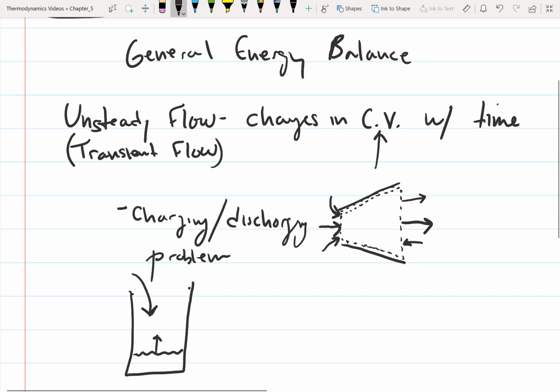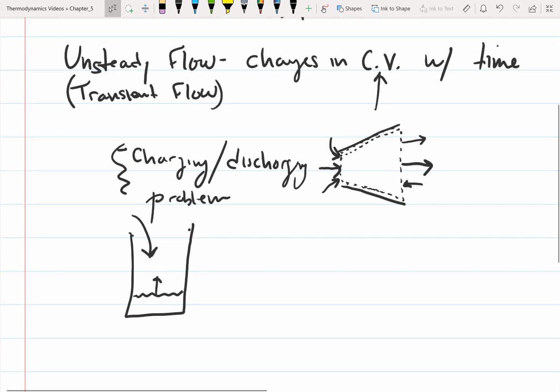And the other type of problem, so these are the problems we're mainly going to be looking at, but the other type of problem you can solve with this unsteady flow is, let's say that you're in a startup or shutdown phase of one of these other systems we've been looking at. Like, let's say that we're looking at this diffuser, and water's going through it. So when we first turn the flow for the water on, this diffuser is going to have some water, and then some more water and some more water.